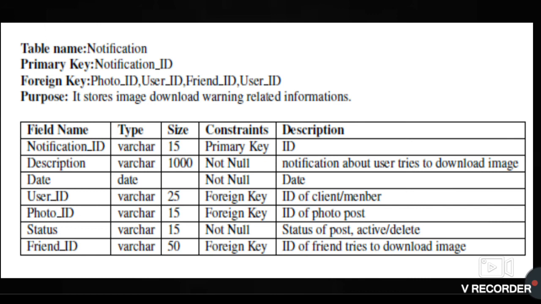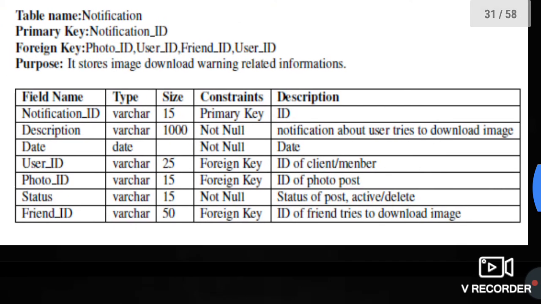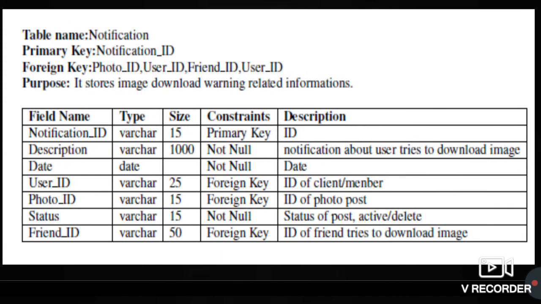Status means whether that post is active or not. And friend ID is the ID of the particular friend who tries to download the image, and it will be stored in this friend ID. And we know that friend ID is the image owner's ID plus the particular friend's ID.